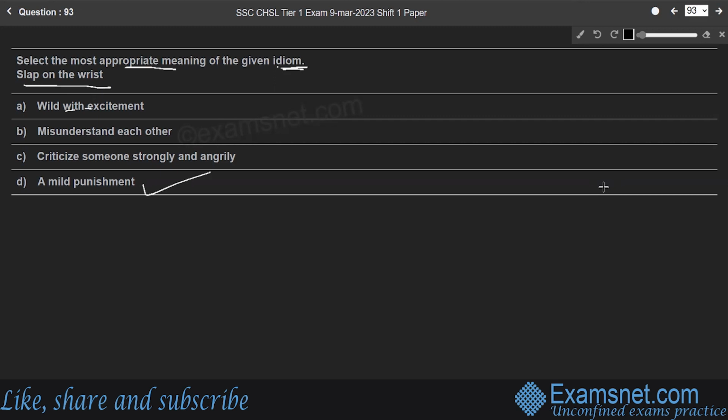Option A, wild with excitement, means to be very excited or enthusiastic about something. For example, the children were wild with excitement when they saw the circus animals. Option B, misunderstand each other, means to not understand each other's words or actions correctly.